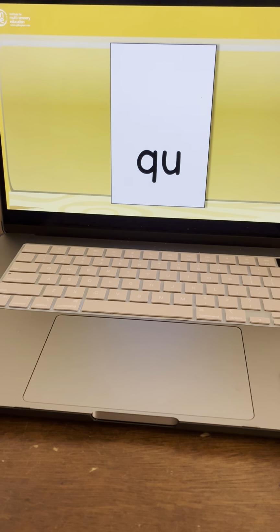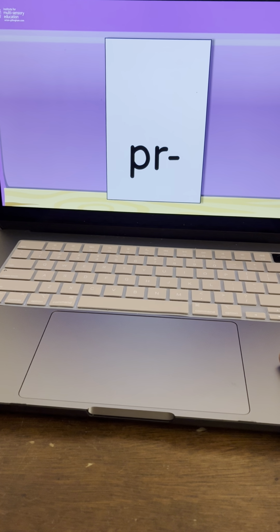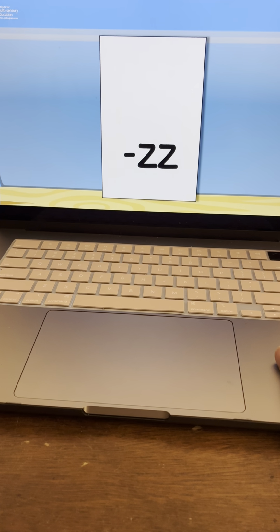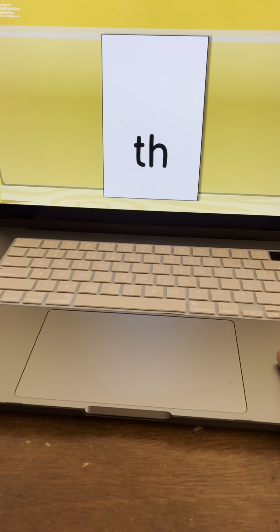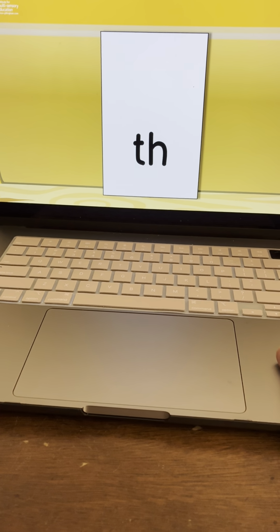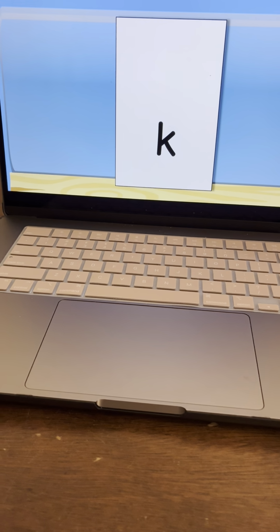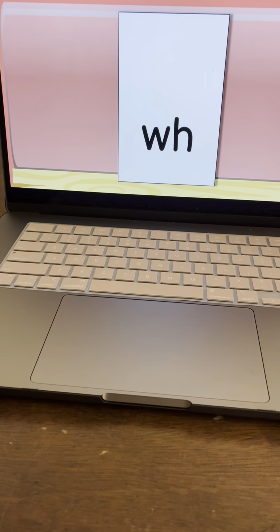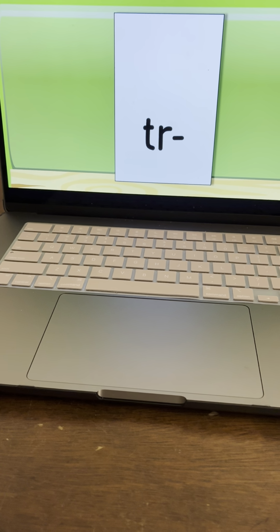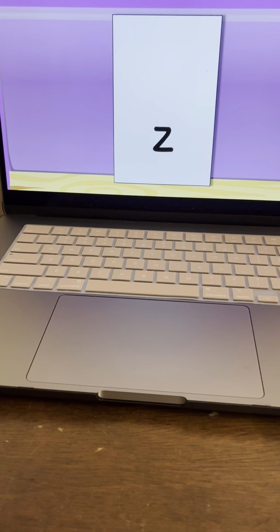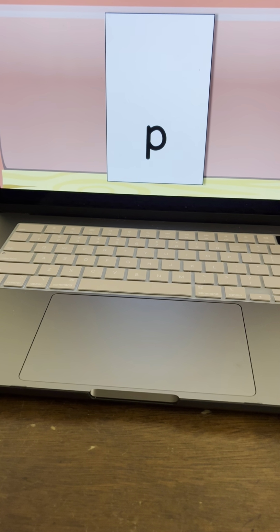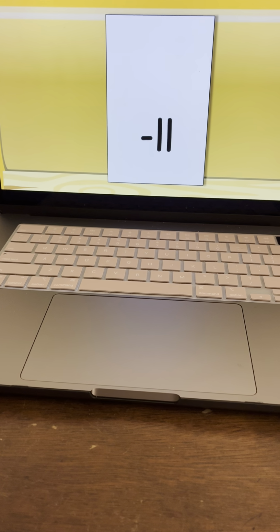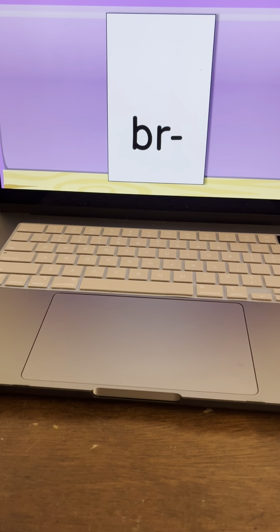Qua. Qua. Qua. Ga. L. This has two sounds. And what? Ka. That's right. Twa. Twa. Tra. Good. D. Good. Qua. L. Woo. L. Qua.